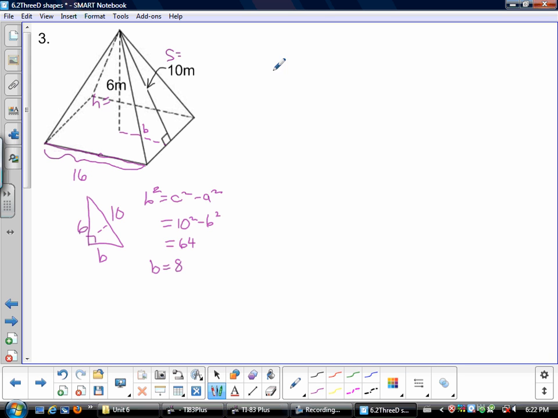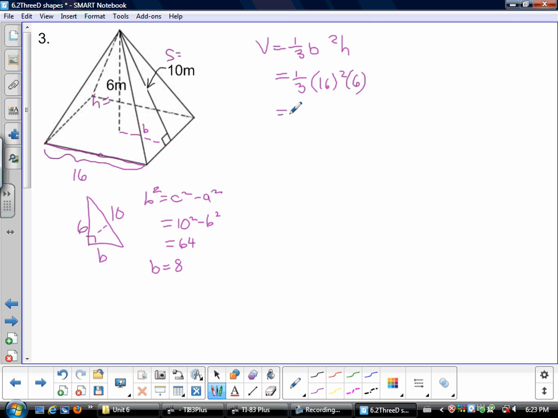So let's look at our volume again. So our volume equals 1/3 b squared h. Now the b here, remember, is not this b, it's two of those. So we have 1/3 times 16 squared times 6.